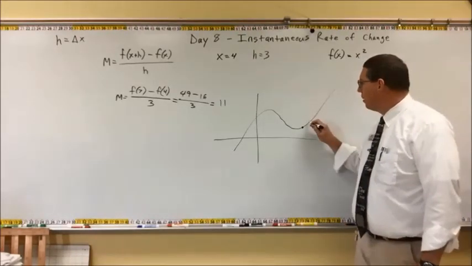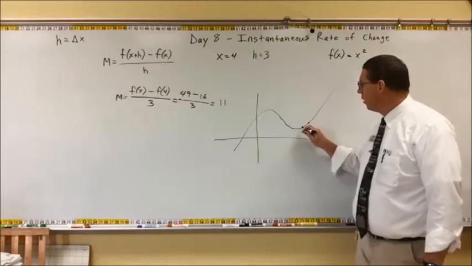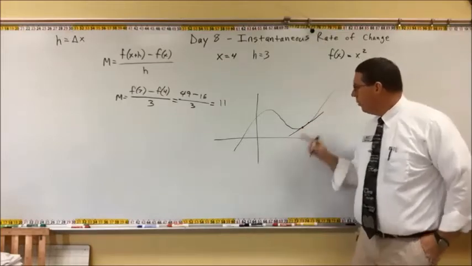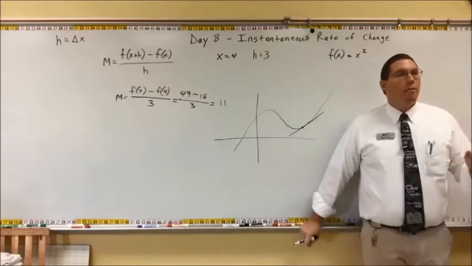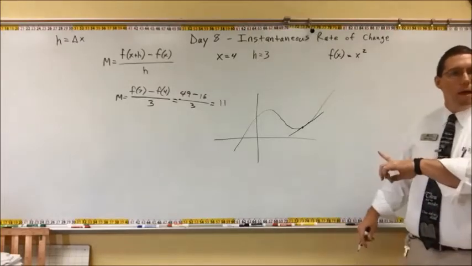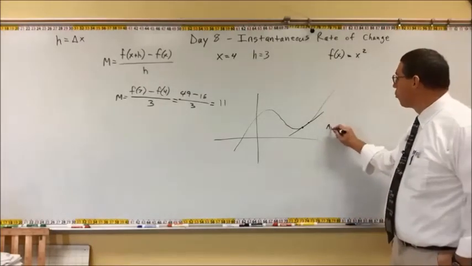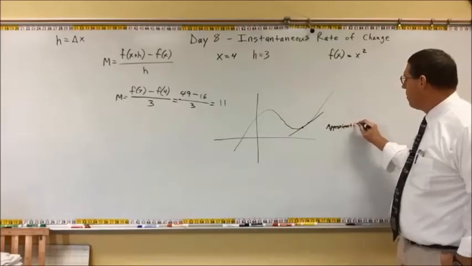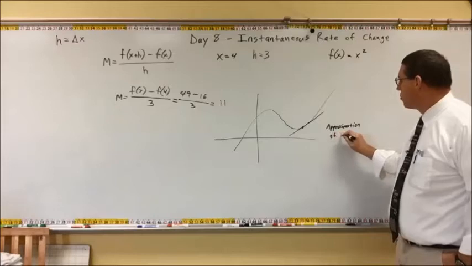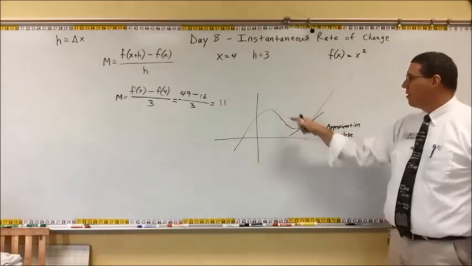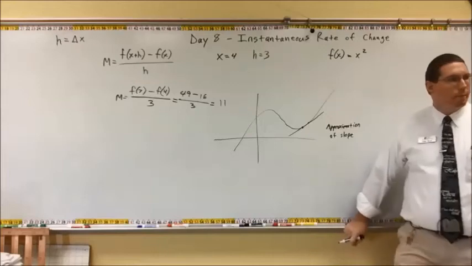So let's say that I just pick some other point over here, right? And I have a secant line. And whatever the slope of that secant line is, I would call an approximation of slope. It is approximately the slope of this curve at that point.